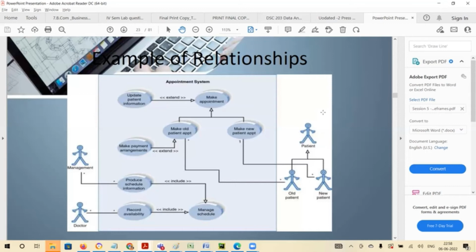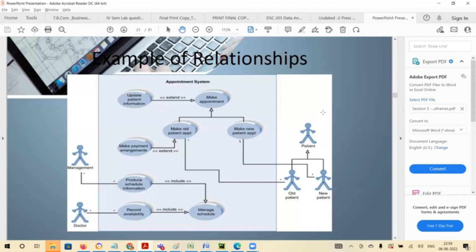Whenever include comes, if produce schedule information is one part, the include breaks that part into smaller parts. And extend means adding steps to a particular step.